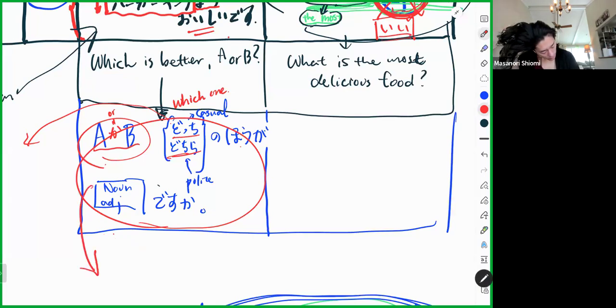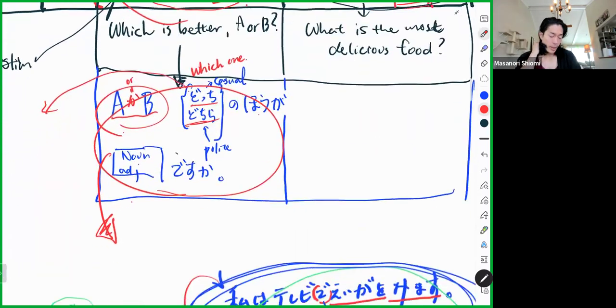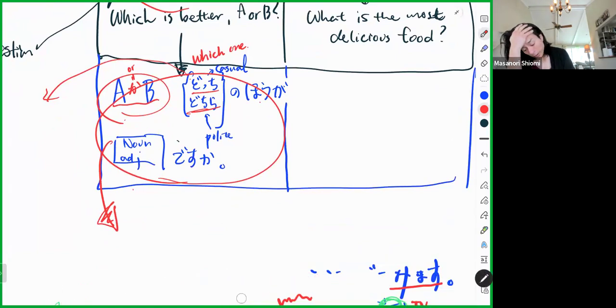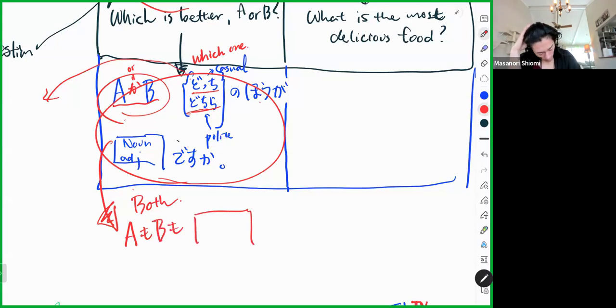In response to this kind of question, of course, we can just use this to answer, right? マクドナルドの方がバーガーキングより美味しいです。But if you want to say neither, or I like both, in that case, we use A も B も, whatever noun or adjective that we are comparing with.